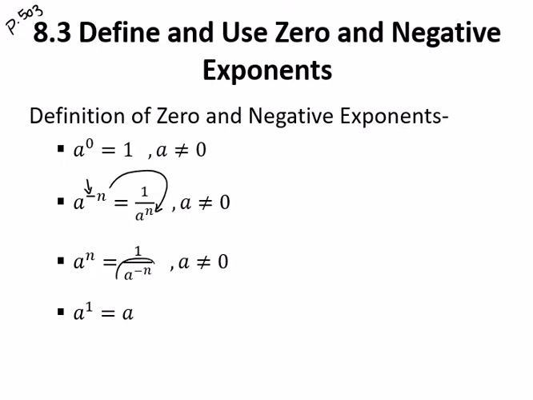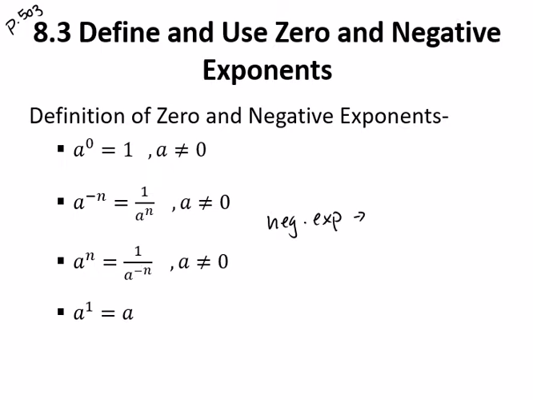Now, if you have a to the negative n in the denominator, what that negative exponent does is move it back up to the numerator, and you would get rid of the negative in the exponent and just throw it over 1. So what a negative exponent does is tell you to take the reciprocal. So I'm going to go ahead and write that.